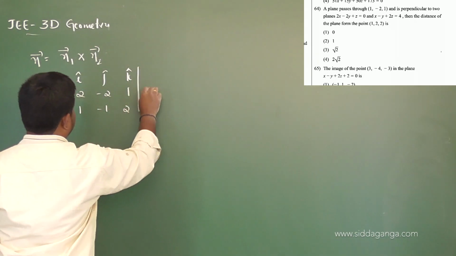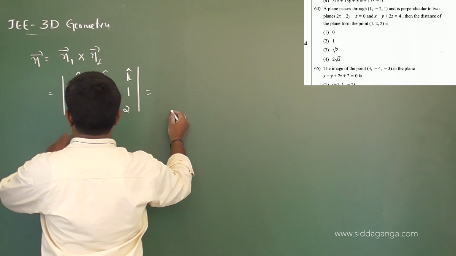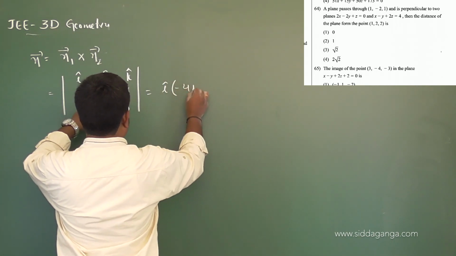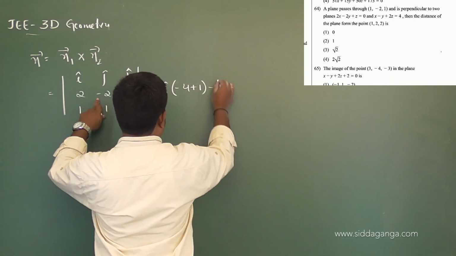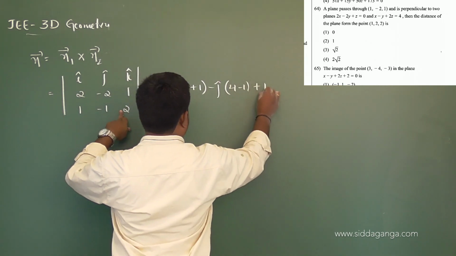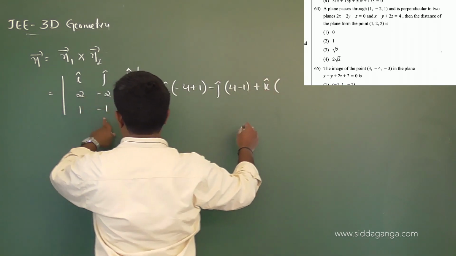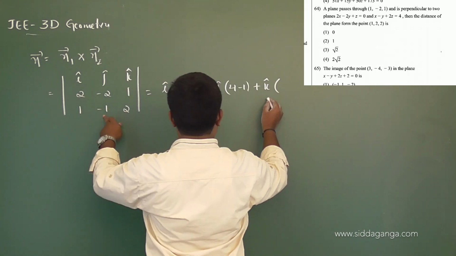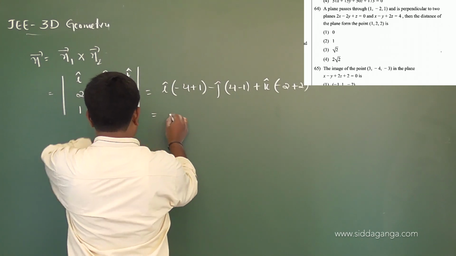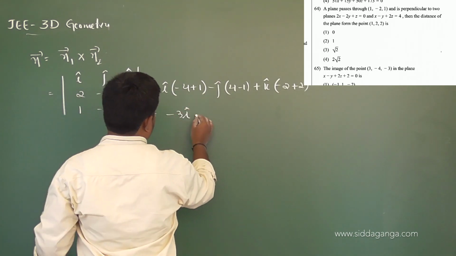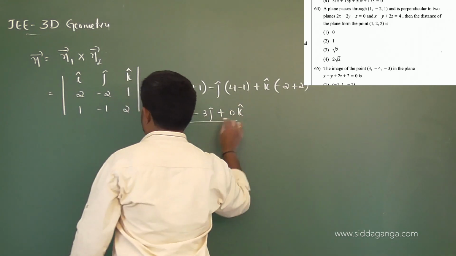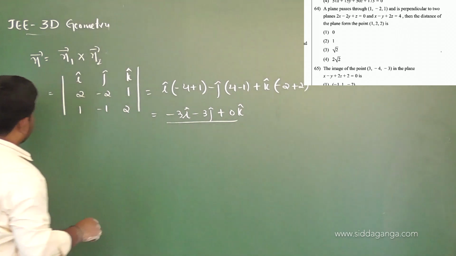So let me find the vector n. i times minus 4 plus 1, minus j times 4 minus 1, plus k times minus 2 plus 2. So your required n vector is minus 3i cap minus 3j cap plus 0k cap. This is the required normal of the plane perpendicular to both the planes.